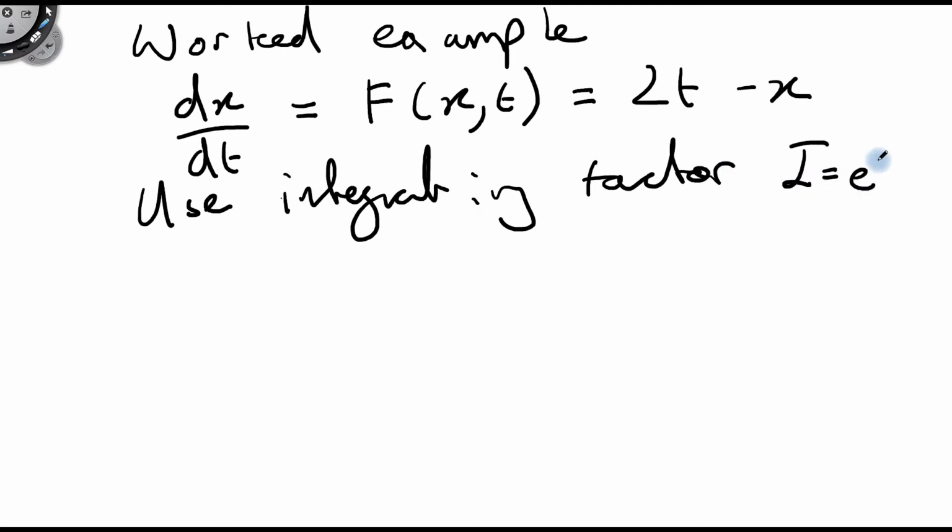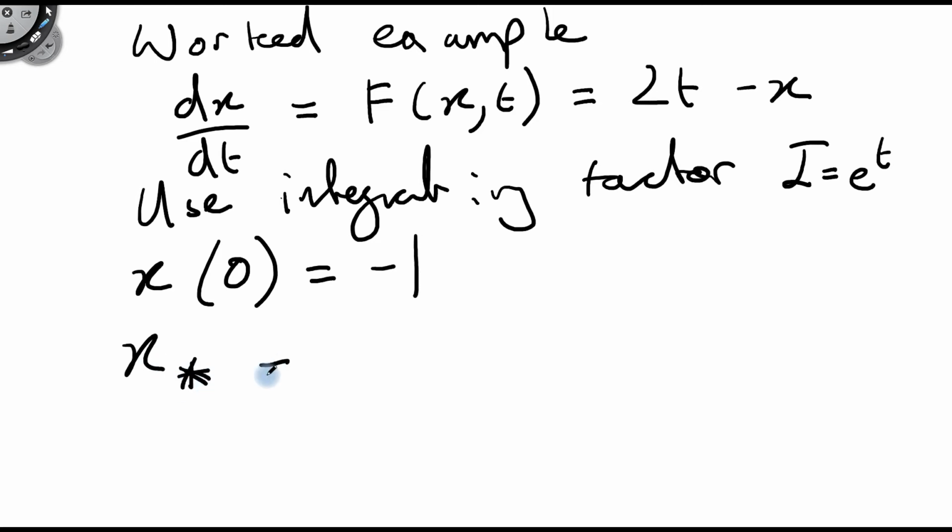So the idea is e to the t. Remember, I do an integrating factor, multiply both sides so you get an exact derivative, and we're going to use boundary conditions. x at 0 is -1, so the initial value of x is -1, and then you combine those two ingredients, you get the true solution. x star is e to the minus t, 2t minus 2.